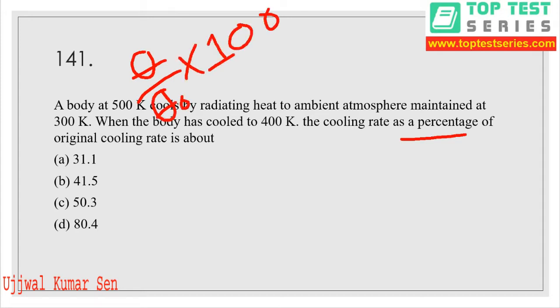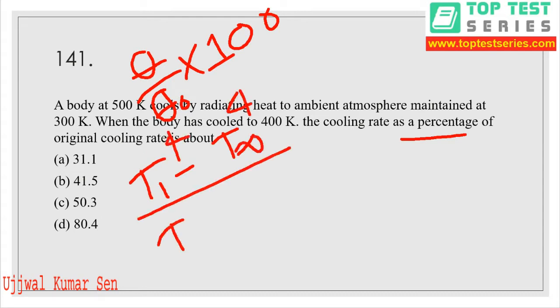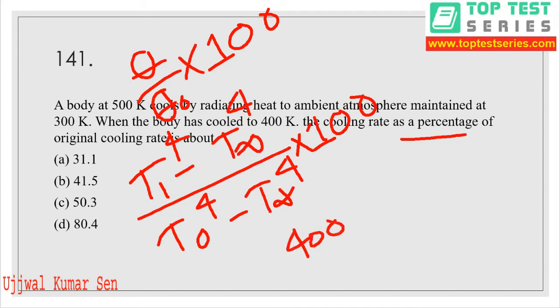Now, theta naught is what? Theta is T1 minus T infinity, to the power 4, and in the denominator T naught to the power 4 minus T infinity to the power 4, multiplied by 100. So T1 is 400 to the power 4 minus 300 to the power 4.